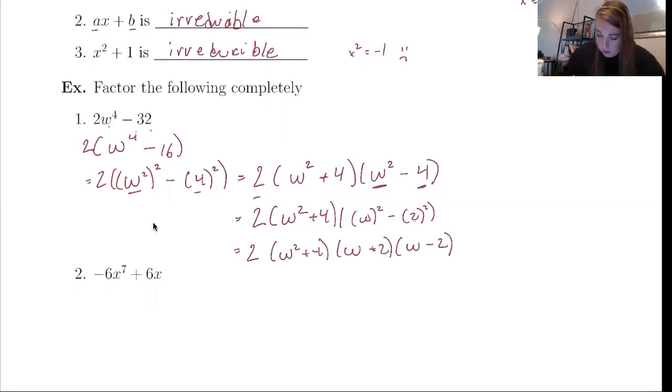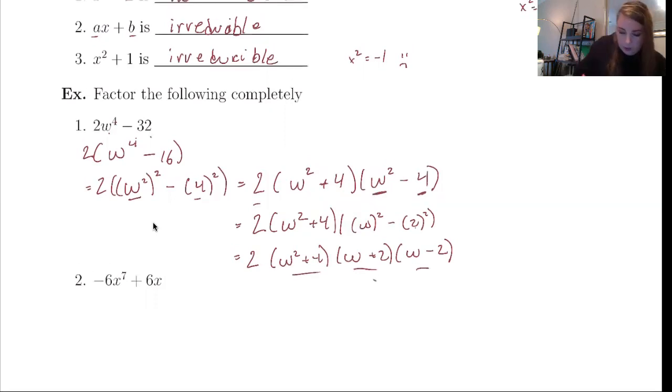Excuse me. All right, so we can see that that's irreducible, and these two are also irreducible, right? Same as number 2 up here, ax plus b. In this case, a is 1 and b is either positive 2 or negative 2. And I can't pull out a common factor at all. So we're good. We're done.